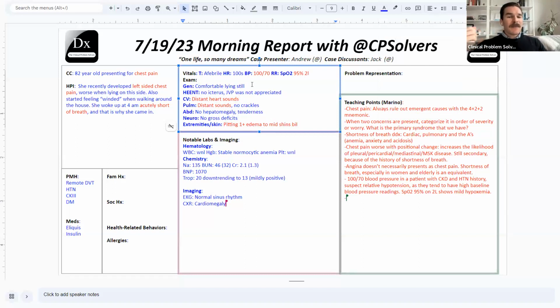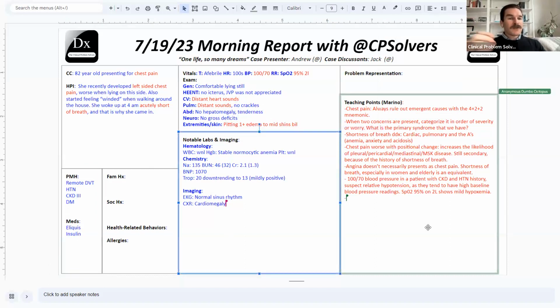So I think what the exam and the vitals are doing is starting to paint a picture of the possibility of some syndrome of volume overload. And then we have two other pieces of data to bring in, which are the distant heart sounds and that really enlarged cardiac silhouette on chest x-ray. The most common cause of an enlarged cardiac silhouette on chest x-ray is that the actual whole myocardium is enlarged.